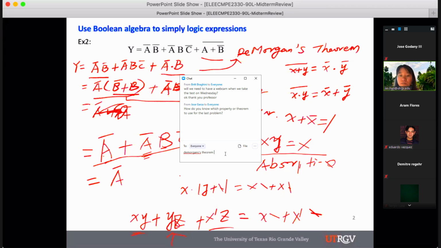If you didn't, maybe before you came up with absorption, you were thinking about combining. But combining involves xy plus xy naught, where x is shared and y is not shared.